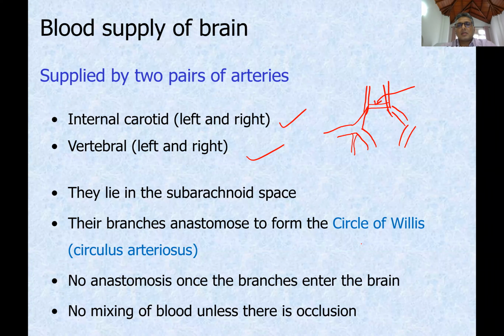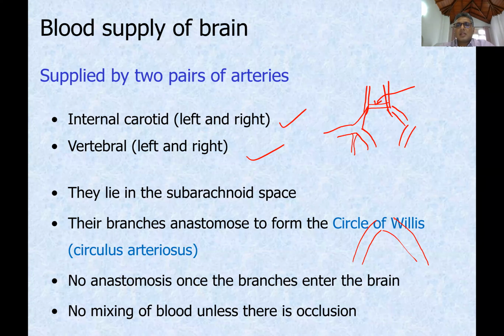Then the posterior circulation, you get the two vertebral arteries coming like this. You know how they come. They come through the intervertebral foramina, and they enter the cranial cavity after passing through the posterior atlanto-occipital membrane.